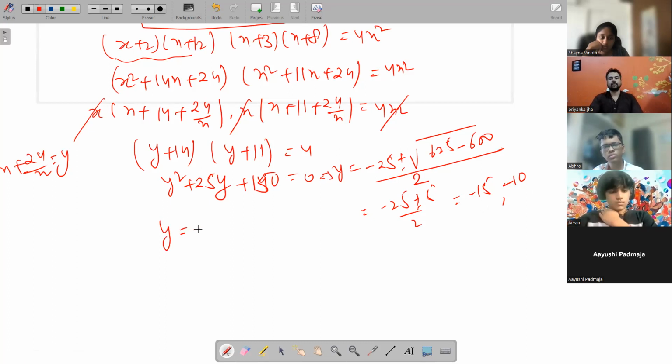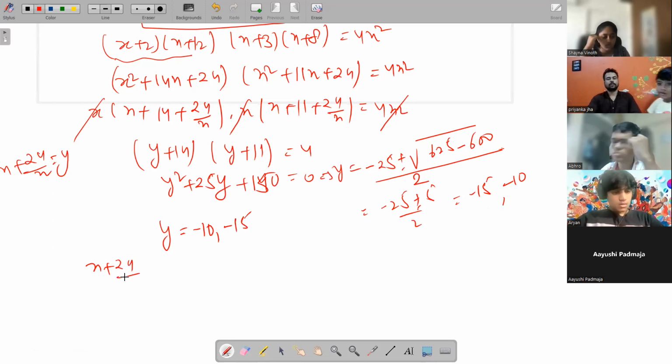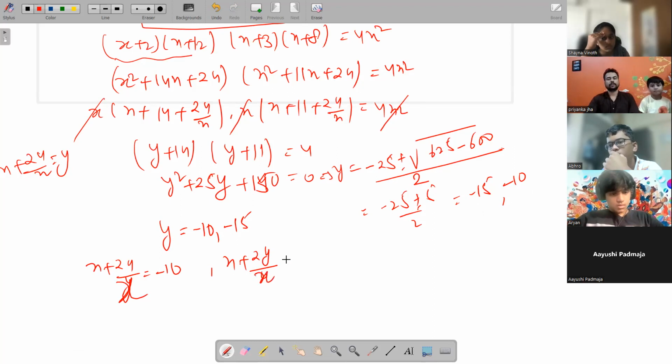So either y equal to minus 10 or minus 15. And we assumed y as x plus 24 by x, so x plus 24 by x is either minus 10 or x plus 24 by x is minus 15. From here you will have two quadratics in x.